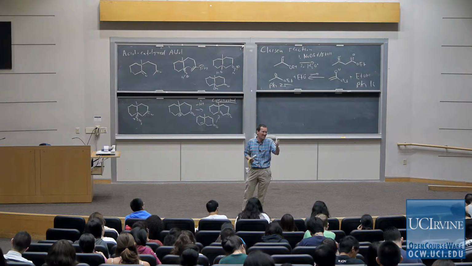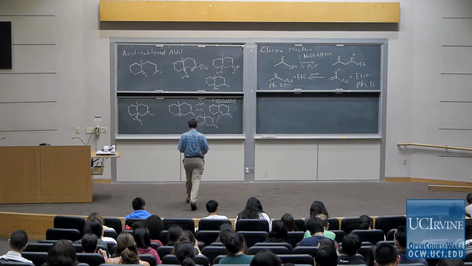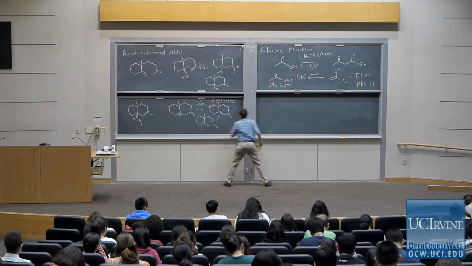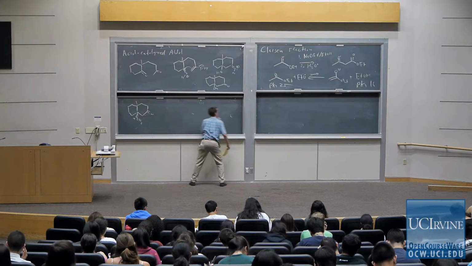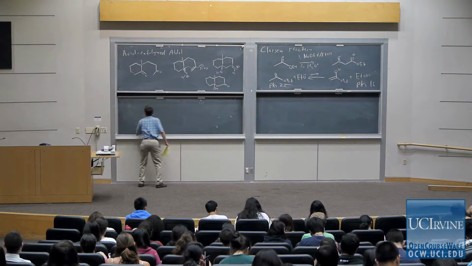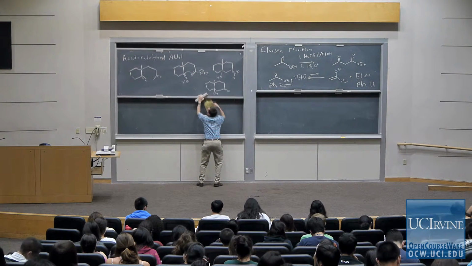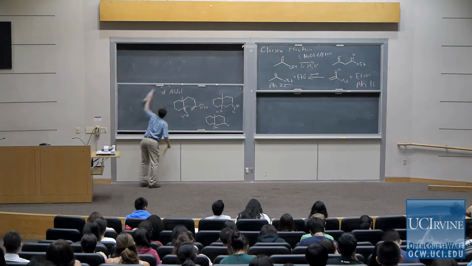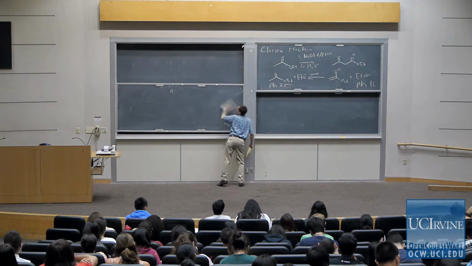I said 10 pKa units difference is sort of right where these equilibria can become significant. So you're set up to generate an itsy-bitsy little bit of the enolate. And you have plenty of ethyl acetate sitting around, so that ethyl acetate can react with that itsy bit of enolate.